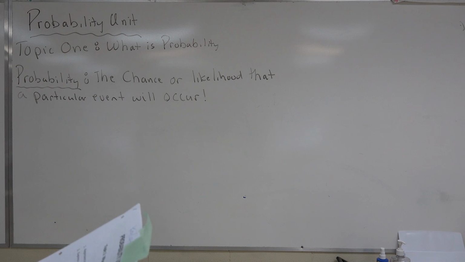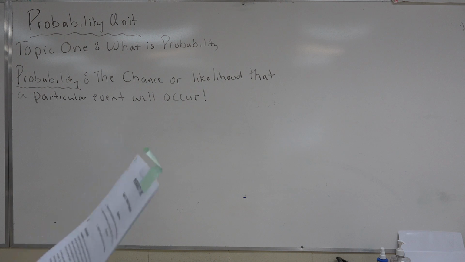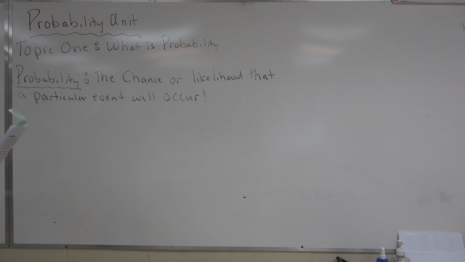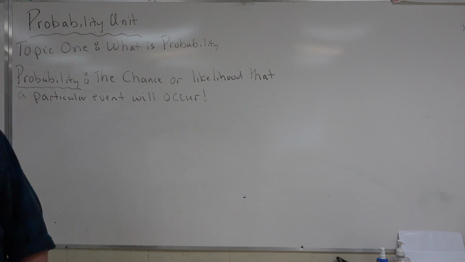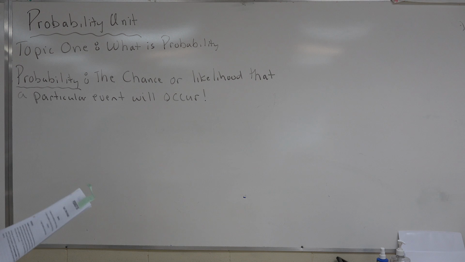They give you the example of an event that can occur, that is when you flip a coin, like a penny. You have heads or tails. When you flip a coin, it is equally likely to land heads or tails. We say the probability of the coin landing heads is 1 out of 2. 1 out of 2 can be put into a form of a ratio.